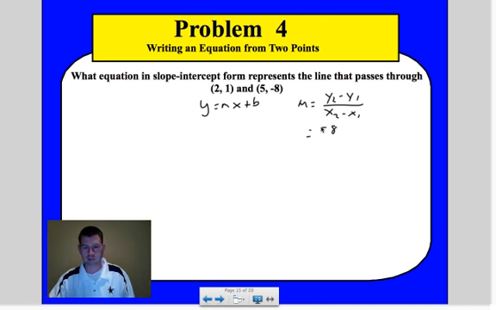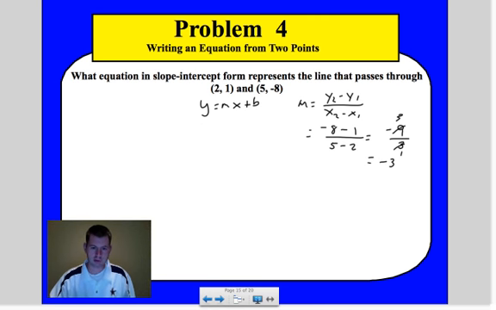Now we're going to use negative 8 minus 1 over 5 minus 2. And we find out relatively quickly we got negative 9 over 3, which gives us, as we go through, 3 goes in the 9 3 times. So our slope is negative 3.